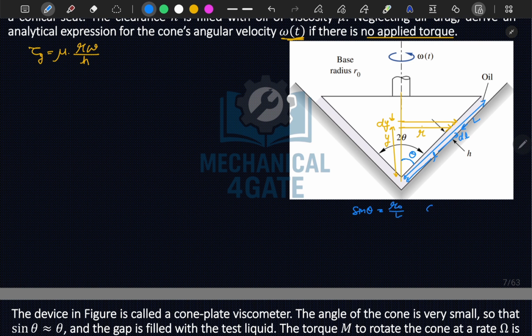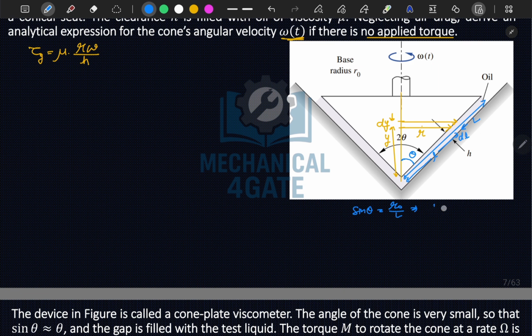And cos theta is equal to r naught by Y, where capital Y is this complete distance. Let's move according to this perpendicular line only. So sin theta is equal to r naught by l.